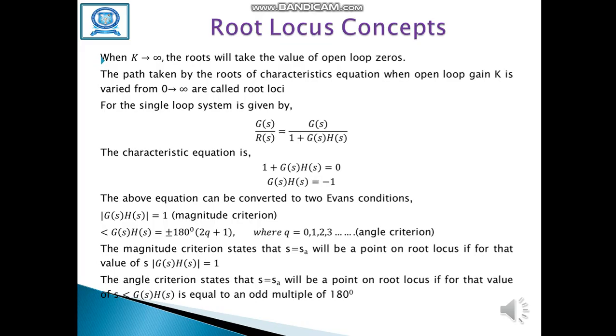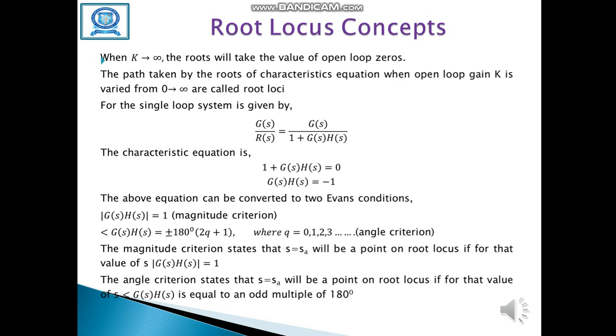The above equation can be converted to two Evans conditions, that is the modulus of G(s)H(s) equal to 1, which is the magnitude criterion, and the angle of G(s)H(s) equal to plus or minus 180 degrees (2q+1), where q = 0, 1, 2, 3, which is the angle criterion.